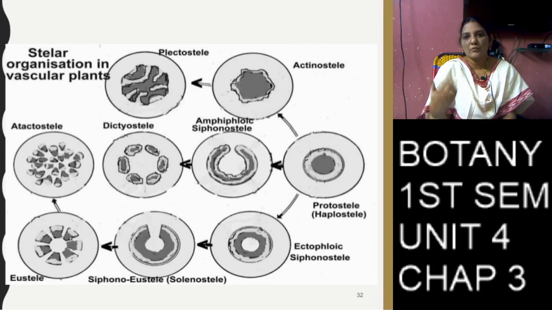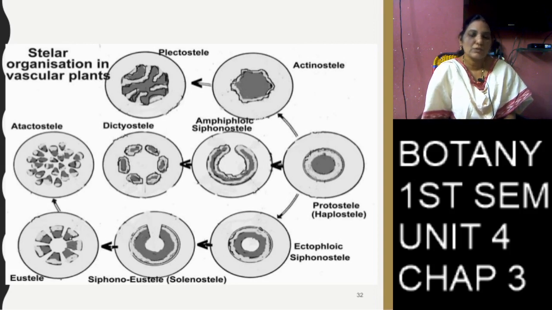So there are outer phloem and inner phloem, outer pericycle and inner pericycle, outer endodermis and inner endodermis. This type of stele is called amphiphloic siphonostele. For example, Marsilea rhizome.